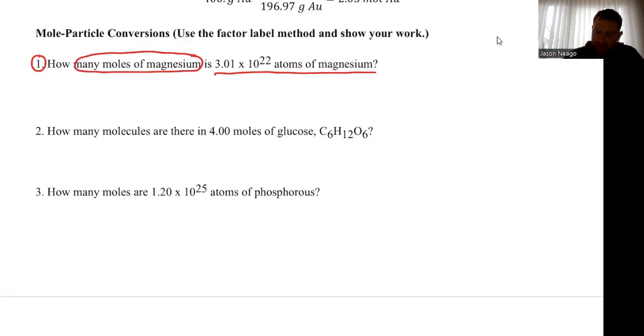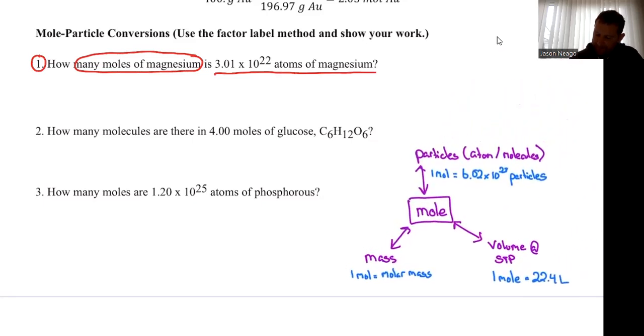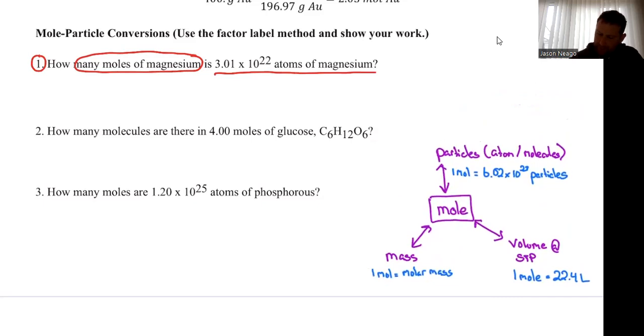So let's map this out. So I'm going to go ahead and paste our mole map right here. So essentially, what are we doing? Well, I have atoms of magnesium. So where do atoms of magnesium fall? Well, that would be particles. Well, I'm right here.